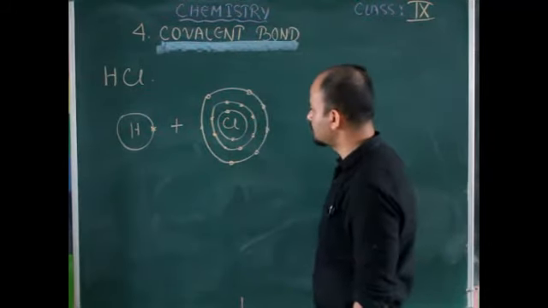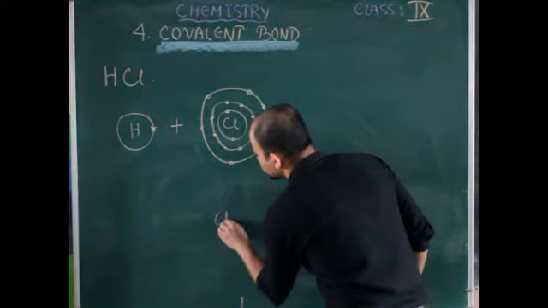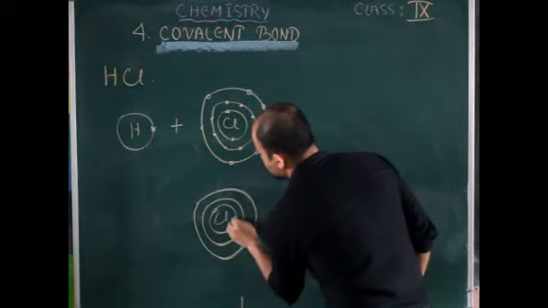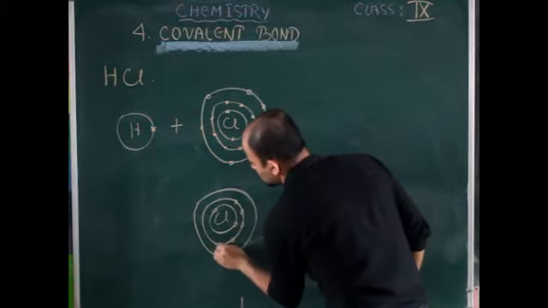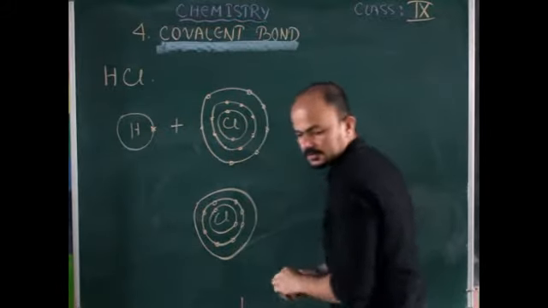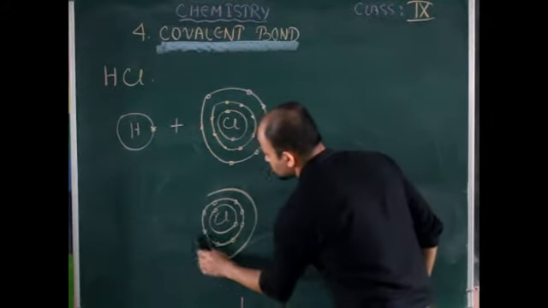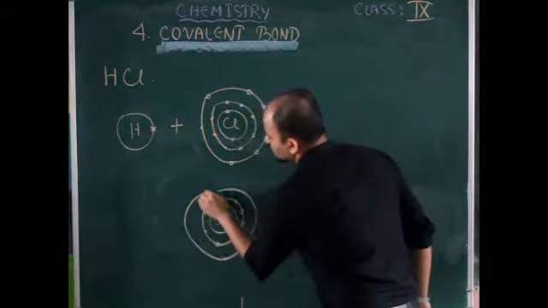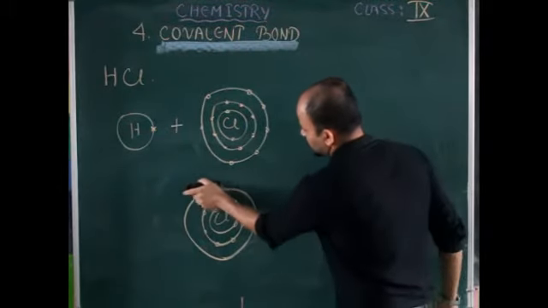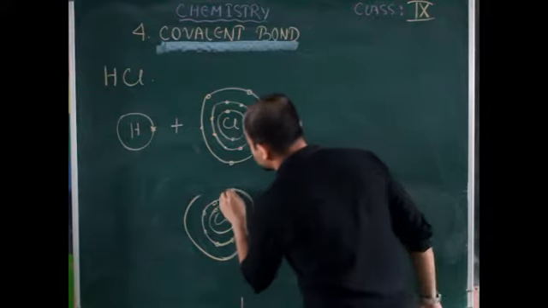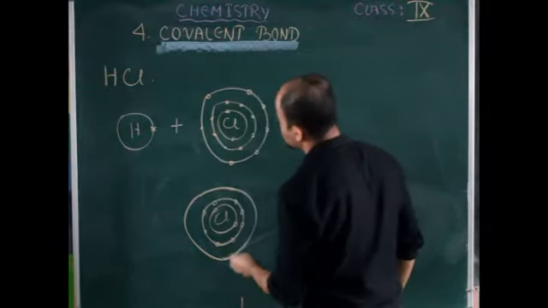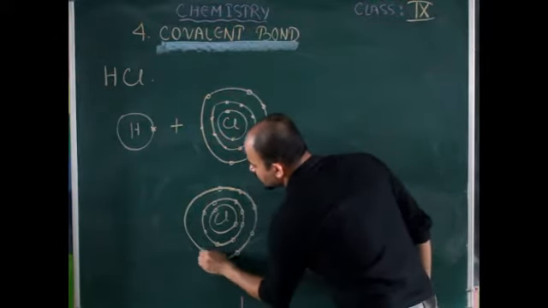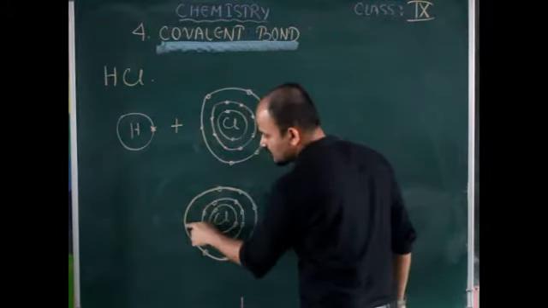Now after the combination, chlorine, as you know, has 3 shells, 2 electrons, eight electrons in the second shell, and in the third shell 7 electrons. So 1, 2, 3, 4, 5, 6, 7. The seventh one I haven't drawn.